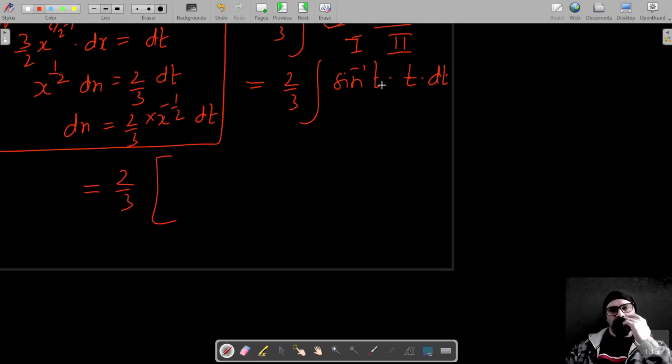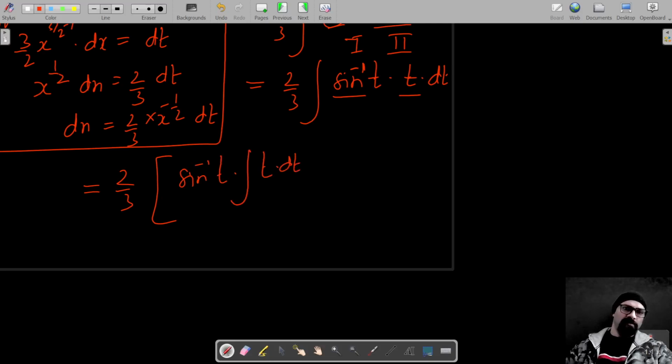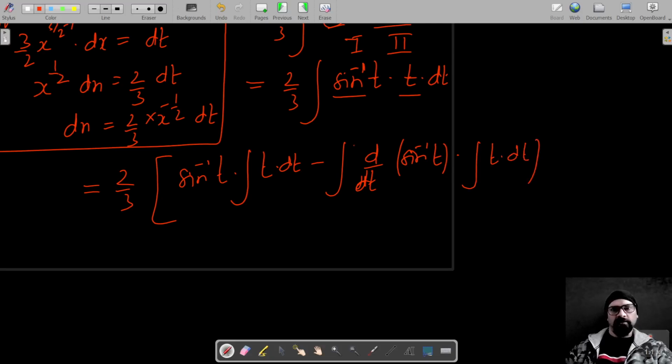We are going to use the product rule for the two functions to integrate this, which is first function into integration of second function, minus the integration of differentiation of first function into integration of second function. The whole has to be integrated again.